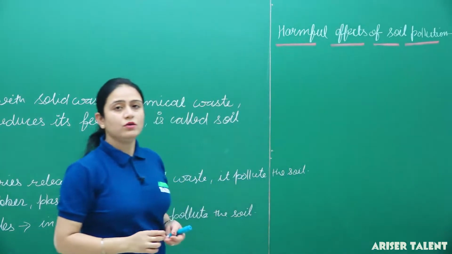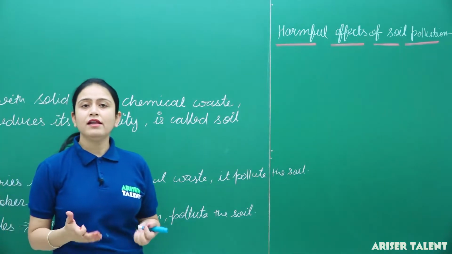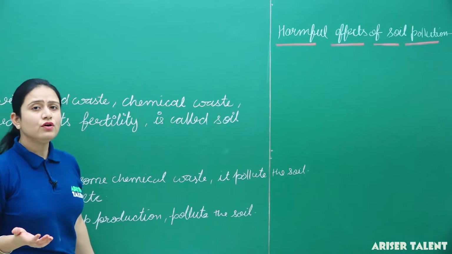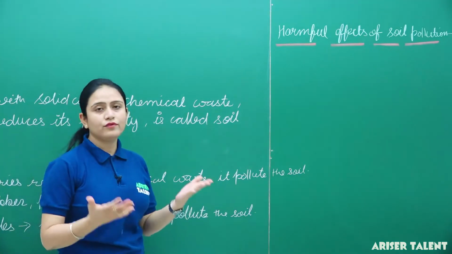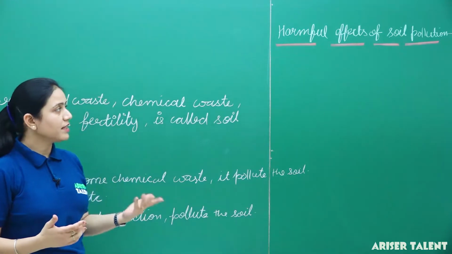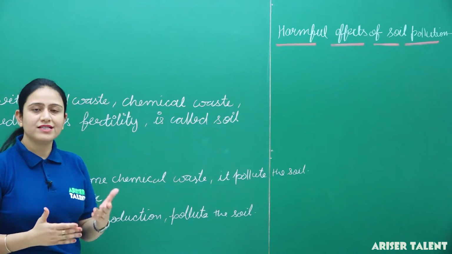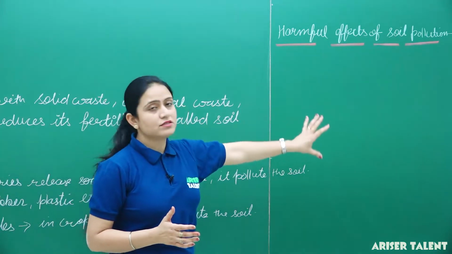Okay, as we all know that soil is a mixture of many non-living material and living organisms. Okay, and we all know that soil is very essential for the plant growth and for the basic needs of human beings and animals, because we all need plants, thus we can say we all depend on plants. Okay, so what are the harmful effects of soil pollution?